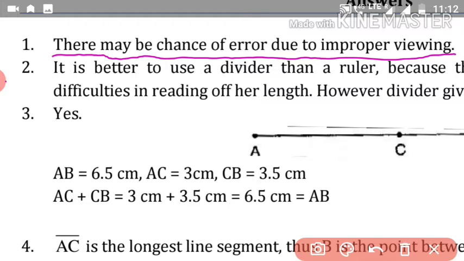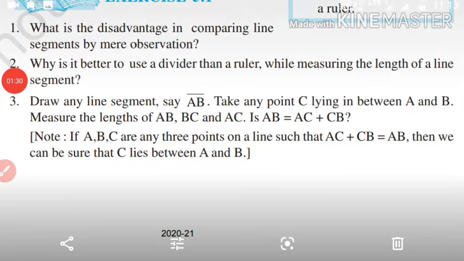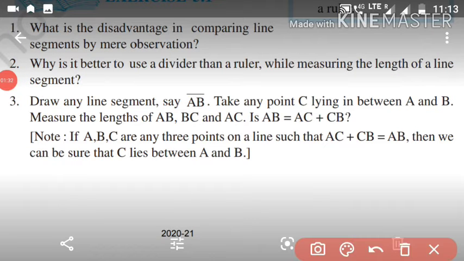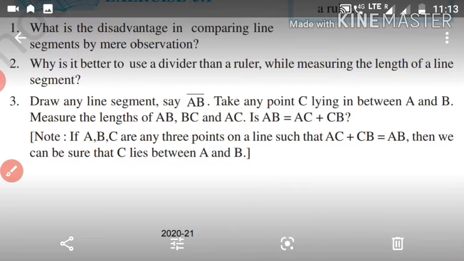Now come to the next question, question number 2. Why is it better to use a divider than a ruler while measuring the length of a line segment? You have to say why it is better to use a divider than a ruler. Okay, so come to the answer.